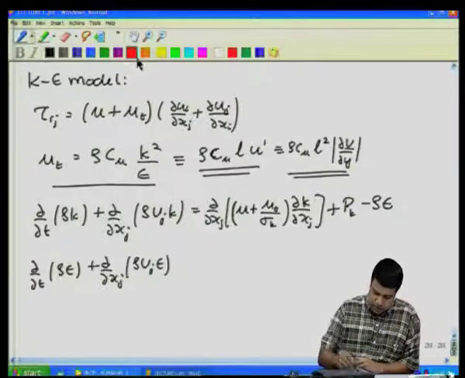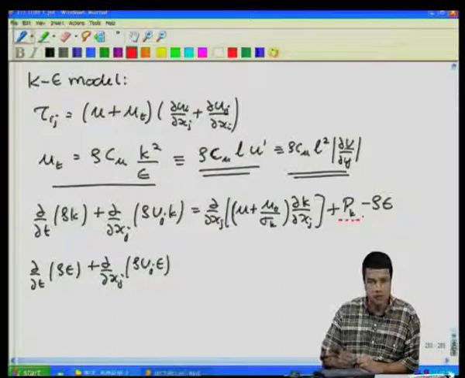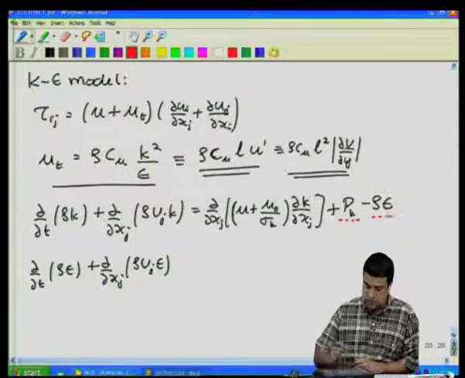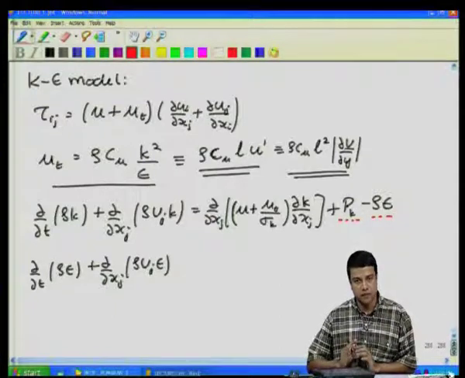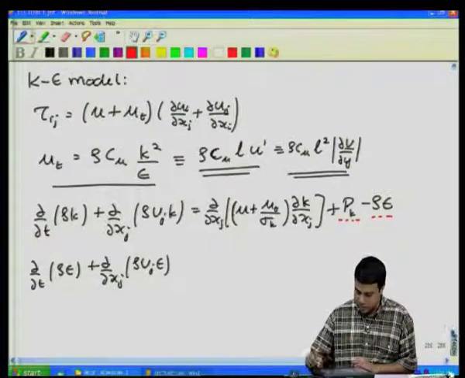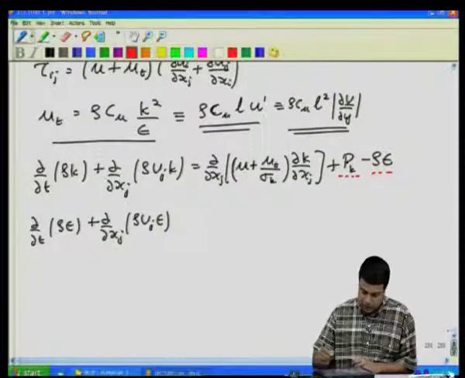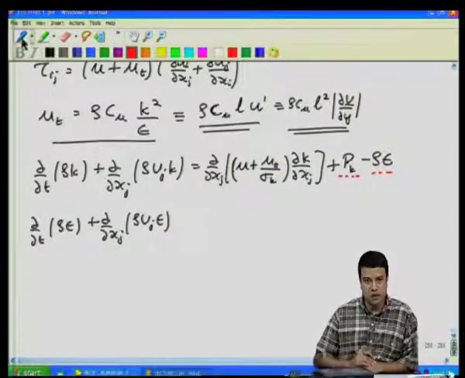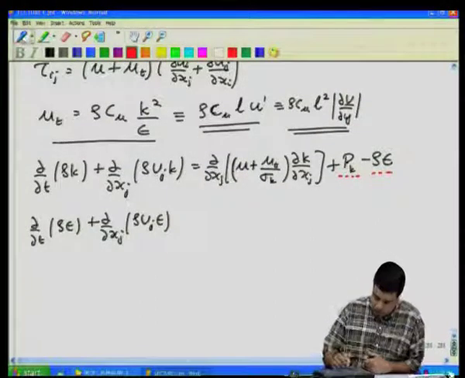So this term is the production due to the mean flow, which I will come back to later. This is the rate of dissipation of energy. Of course, if you are at steady state, a homogeneous flow, production would exactly balance dissipation. And in the equation for the dissipation of energy, I have a similar term here.